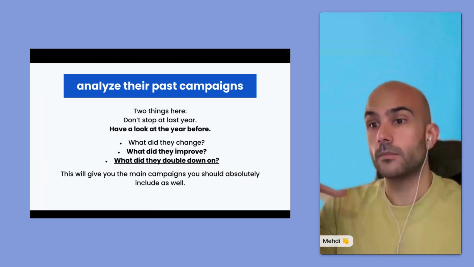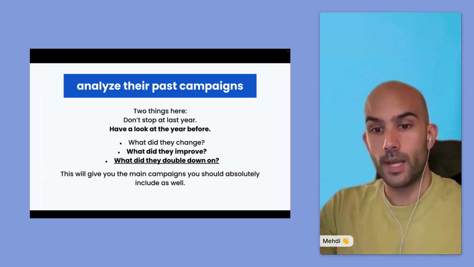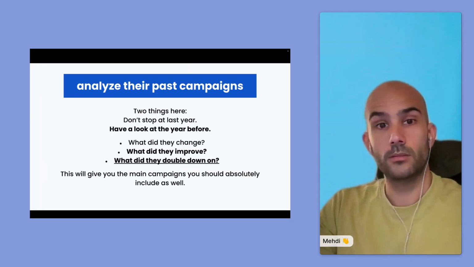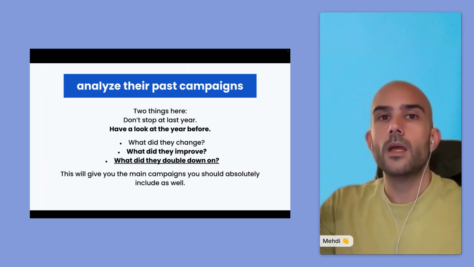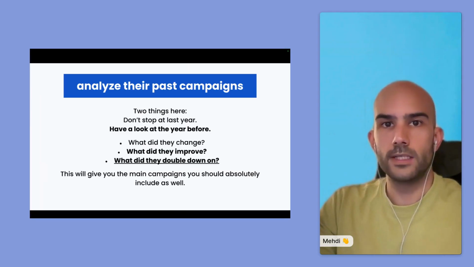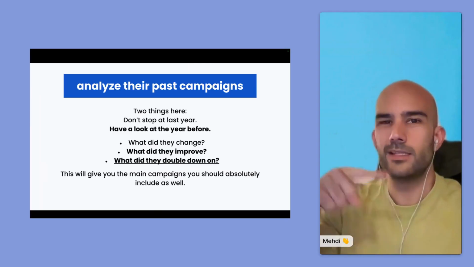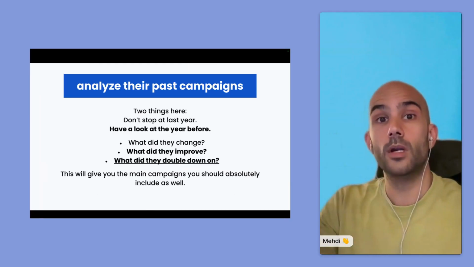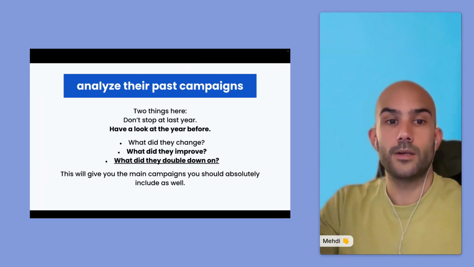Did they speak about a new event that they didn't before? What did they improve? And the most important thing is, what did they double down on? What are the things that they did the year before that they did again, or even more with more power last year as well?